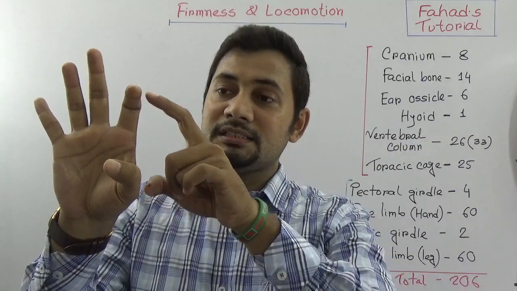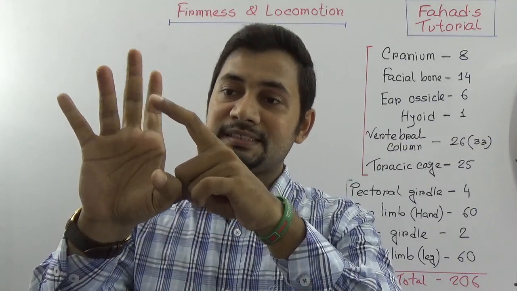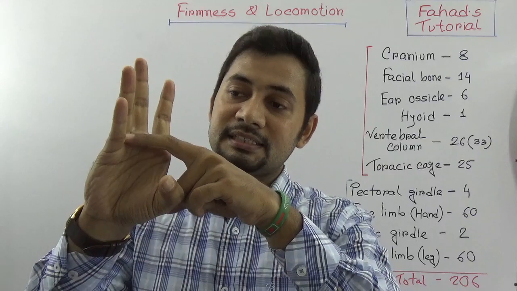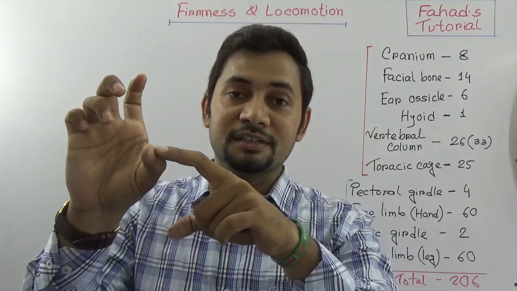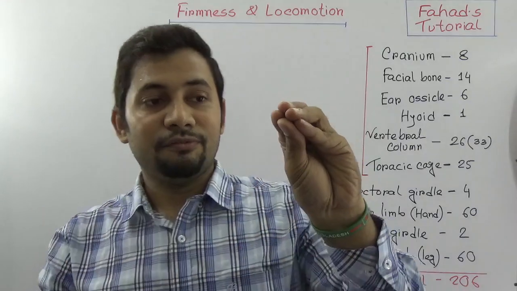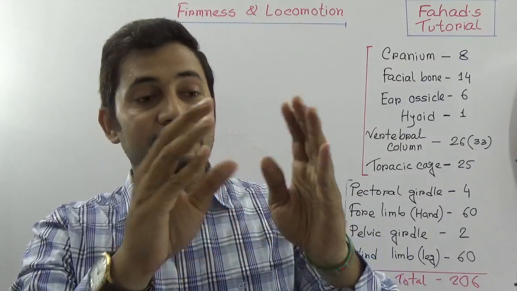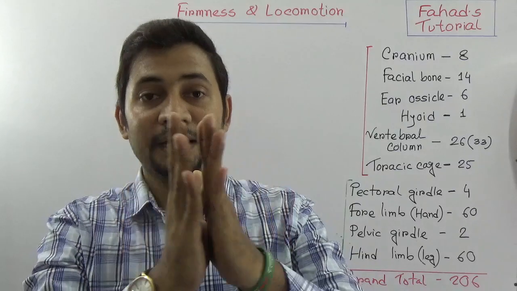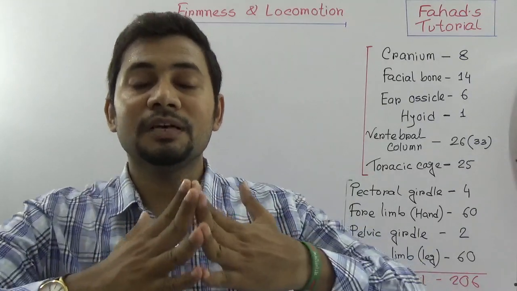So you see 1, 2, 3, 4, 5, 6, 7, 8, 9, 10, 11, 12, 13 and 14. So total 14 phalanges in right hand and 14 phalanges in left hand. So 28 phalanges together to form the both arms.